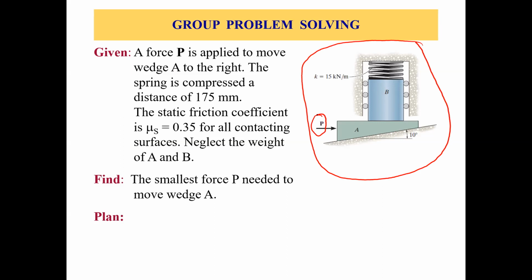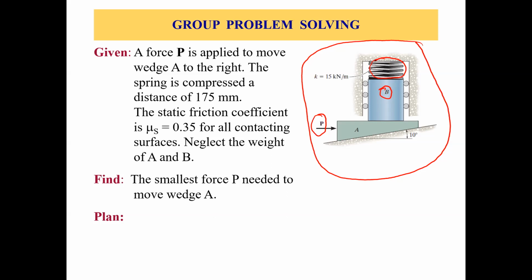And then we have block B, which is resting on top of wedge A, and then we have this spring on top of block B. It's a little complicated system, but not to worry, we'll go through this.